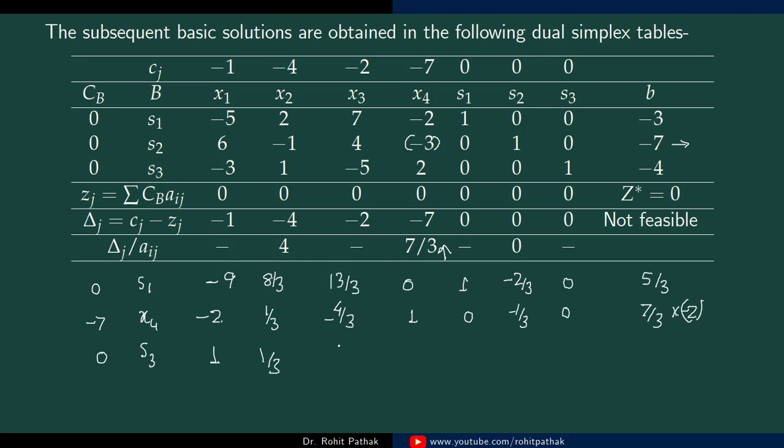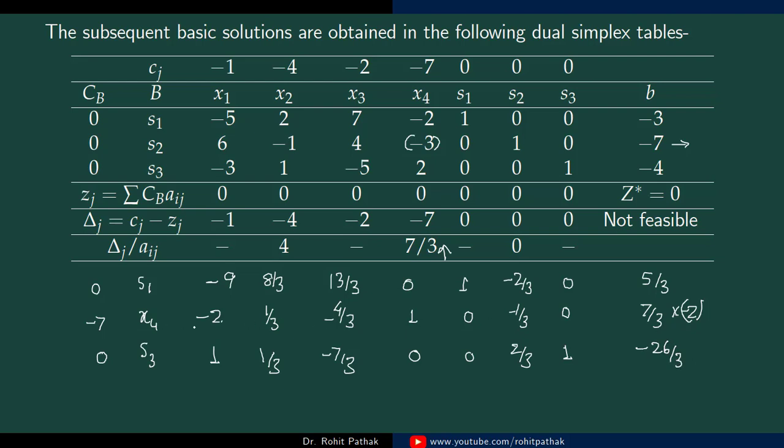Then this entry will become 7 by 3 minus 7 by 3. This will become 0, then 0, then 2 by 3, and then 1 as it is. And 2 into 7 minus 14 by 3 minus 4. This becomes minus 26 by 3.